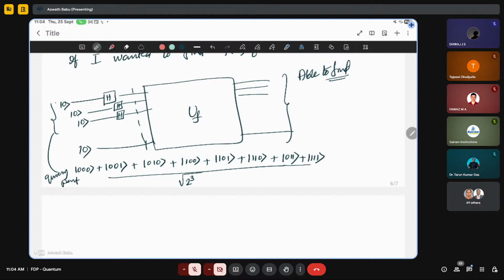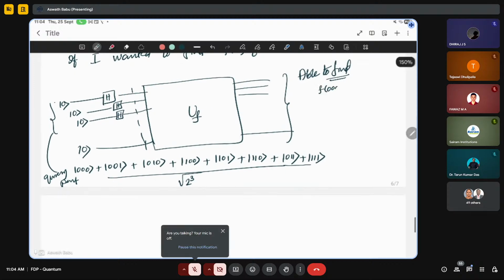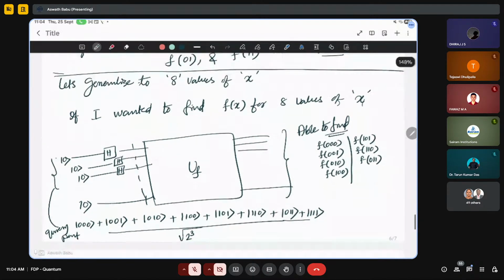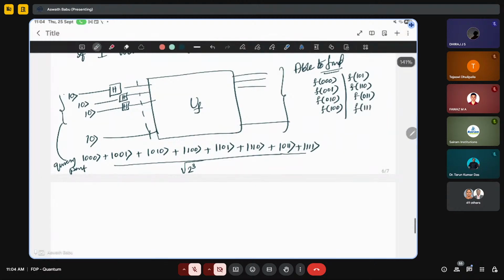Okay, so the query part takes the 8 possible values through it and feeds them to the unitary function, and you would be able to find f(0,0,0), f(0,0,1), f(0,1,0), f(1,0,0), f(1,0,1), f(1,1,0), f(0,1,1), and f(1,1,1).